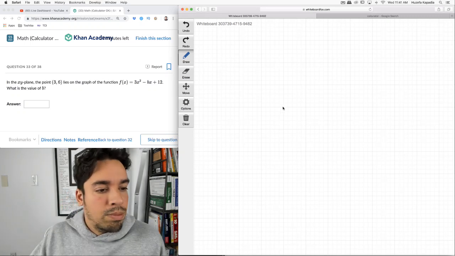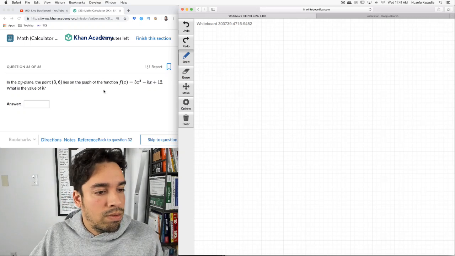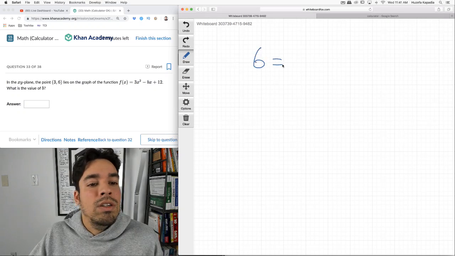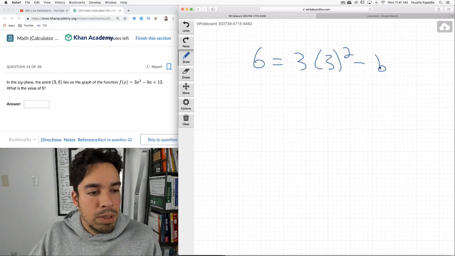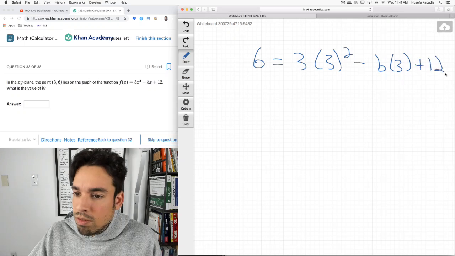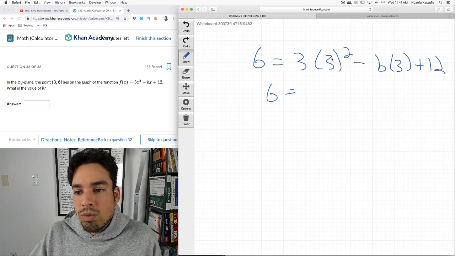In the xy plane, the point (3, 6) lies on this graph. What is the value of b? Okay, plug and chug. 6 is my f of x value, 3 is my x. So 6 equals 3 squared minus b times 3 plus 12. And we solve for b. 3 squared is 9 times 3 is 27.